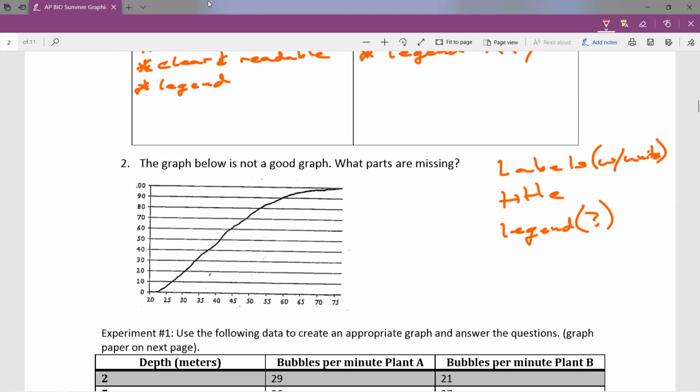Did they do the scale right? 20, 25, 30, 35, 40, 40. So those are all 5s, 10, 20, 30. Whoa. If we had a label, we would probably understand what the 0.00 meant, but without the labels, we have no idea.